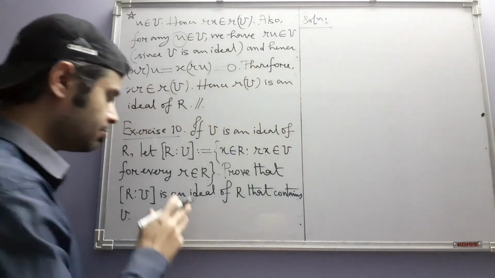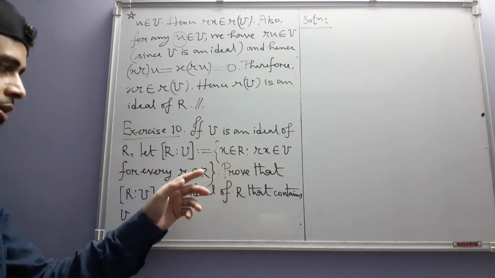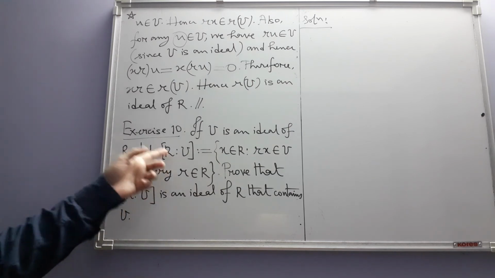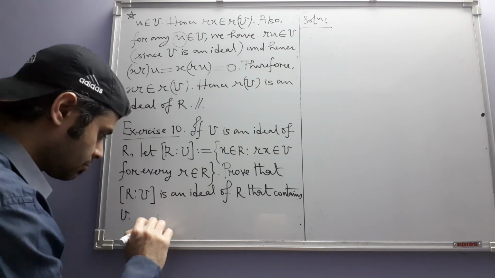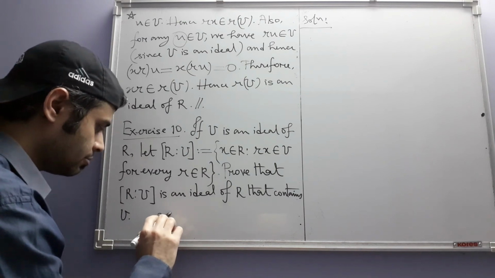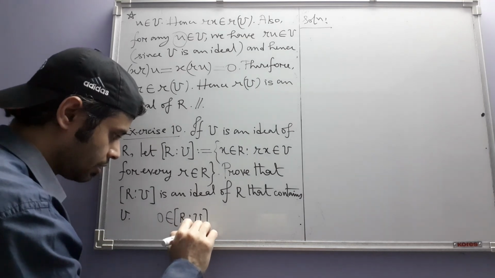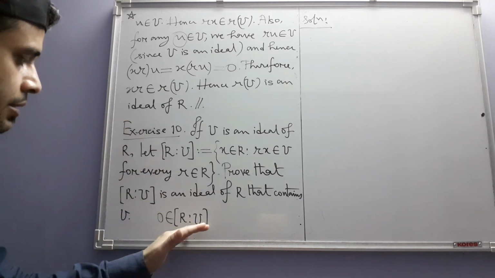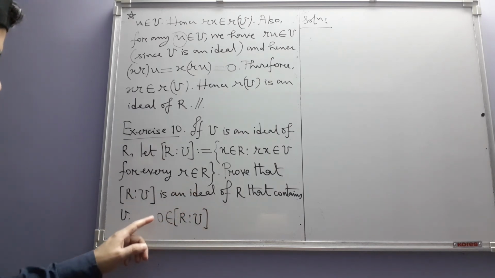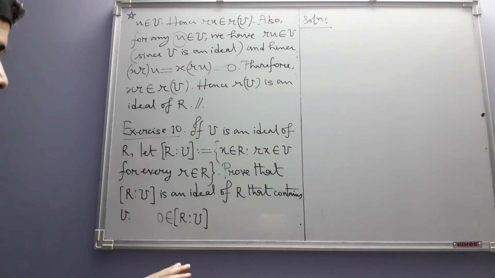Solution. The beginning is the same. You have to first convince yourself that this is non-empty. So the thing you try to see is that the 0 element belongs to it.